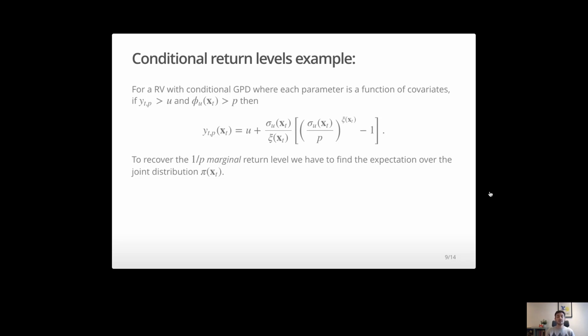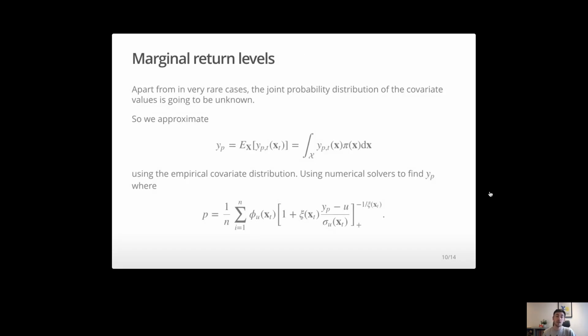If we want to take this and recover the marginal return level, so the return level not conditional on the covariate values, then what we have to do is find the expectation of this expression over the joint distribution of the covariate values, which we're going to denote by pi. Apart from in really rare cases, you're not going to know the joint probability distribution of those covariates. And so when we're trying to calculate this expectation, we're not going to know the distribution function pi of x.